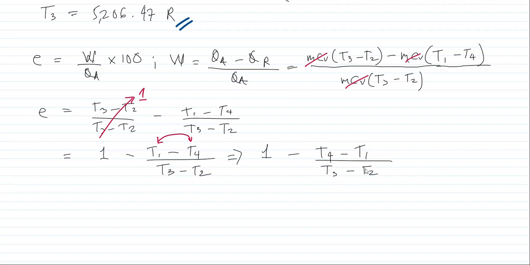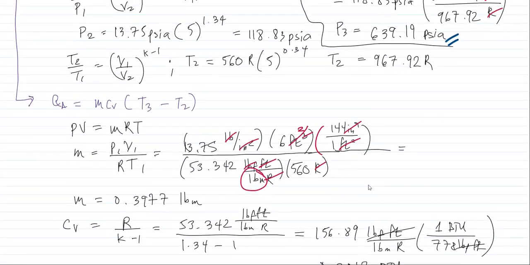Now, the trick happens here. I could simplify this efficiency in terms of temperature to a formula which is simpler, in terms of your R sub k, or your isentropic compression ratio. How will we do that? First, remember that this is isentropic. Let us check the points.